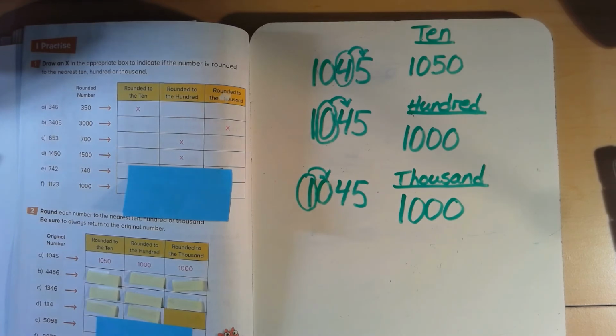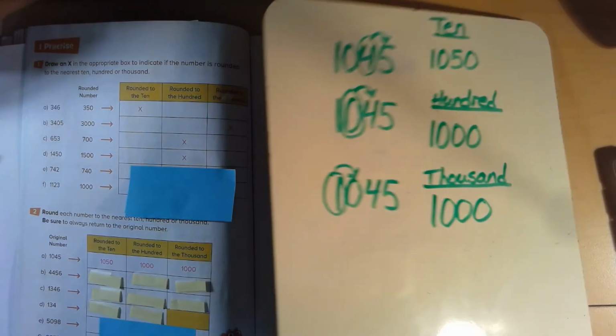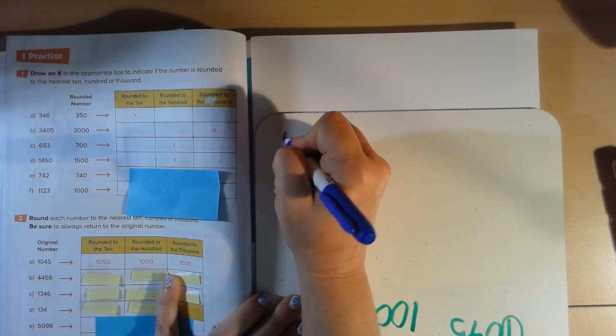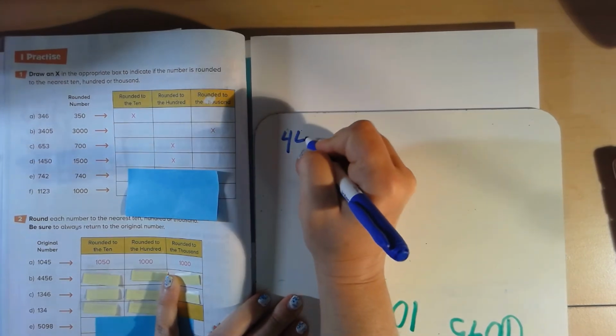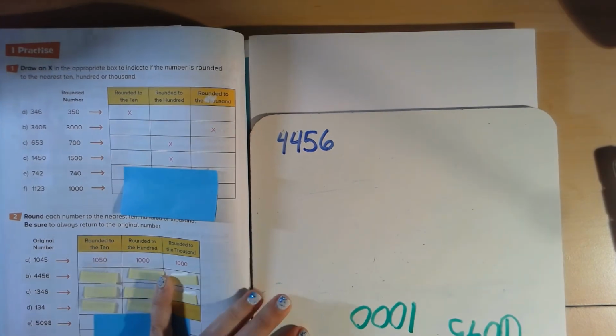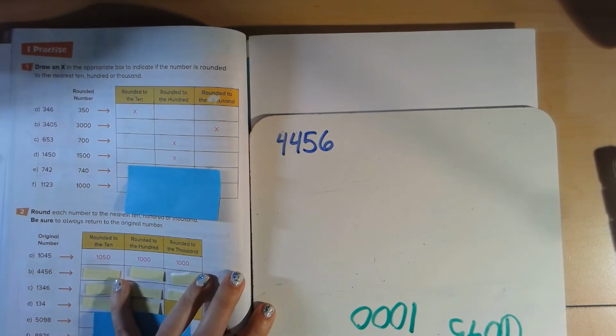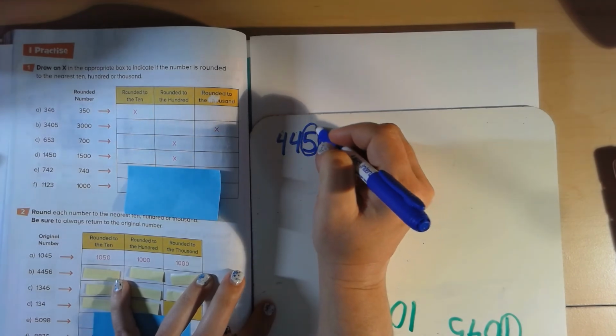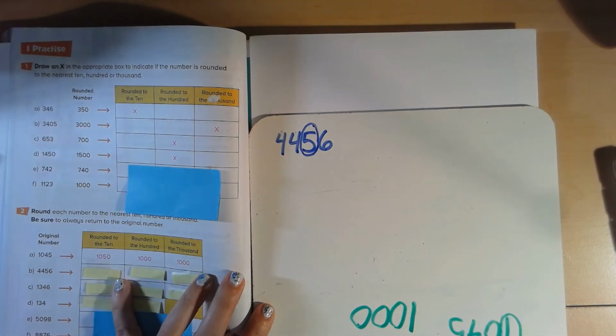Let's try B. Okay. So what does B tell us? B tells us that we have the number 4,456. Let's round it to the nearest 10. Circle the 5 because it's in my tens position.